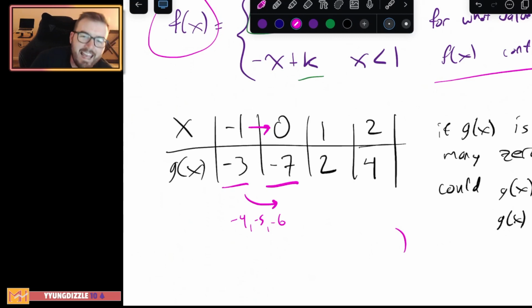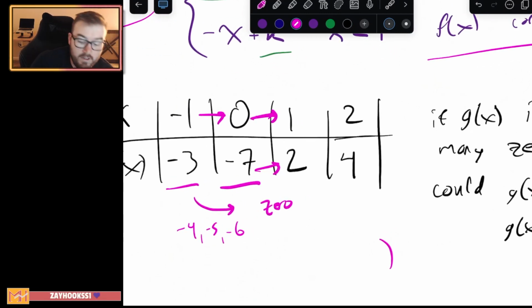We have to hit every value between -3 and -7. And then from here to here, we have to hit every value between -7 and 2. And is 0 between -7 and 2? Yes, it is. We just hit a 0. There is a 0 somewhere between 0 and 1.